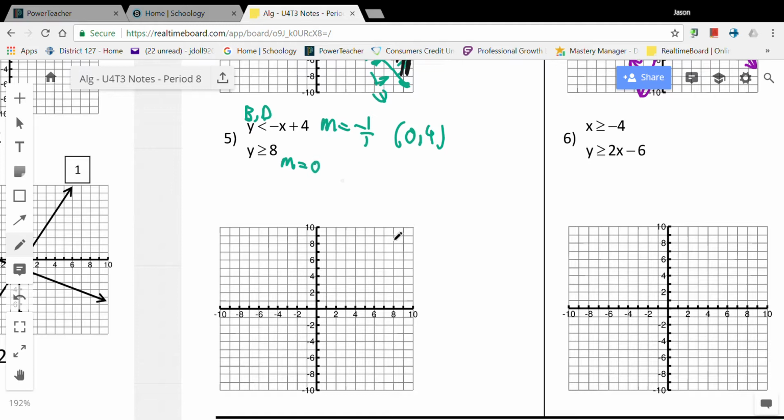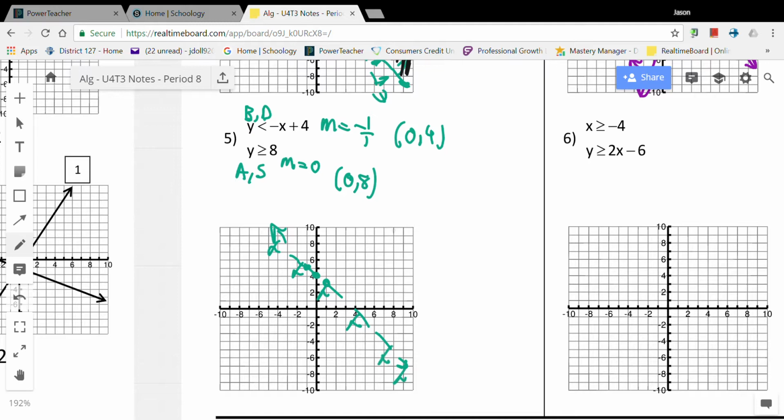So my slope is 0, and I can pick any point I want with a y-coordinate of 8. I'll go with a y-intercept there. So this is telling me above and solid. So 0, 4, down 1, right 1, dashed line, and my solution arrows going down.